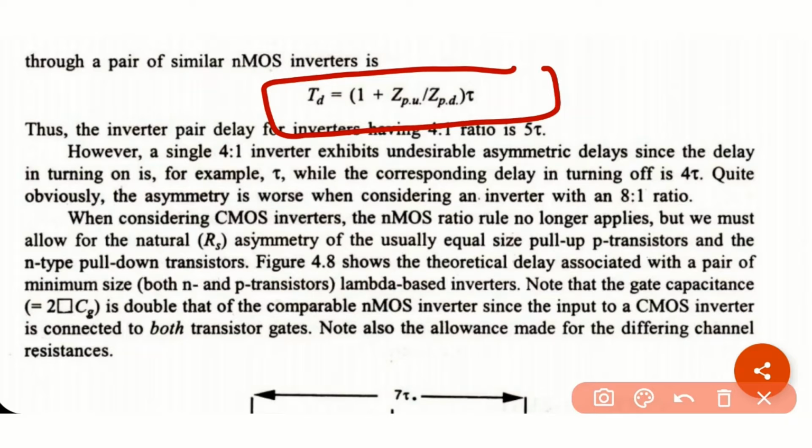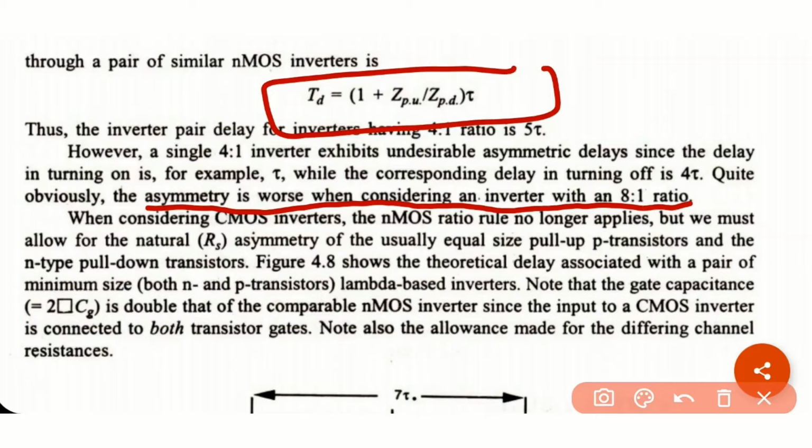So total overall delay is 5 tau. Delay in turning on is tau, delay in turning off is 4 tau. Total is 5 tau. And this asymmetry is worse when considering an inverter with a ratio of 8:1.